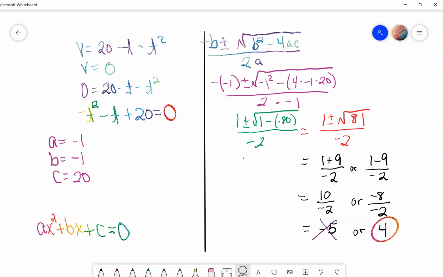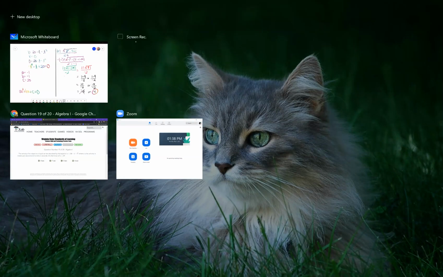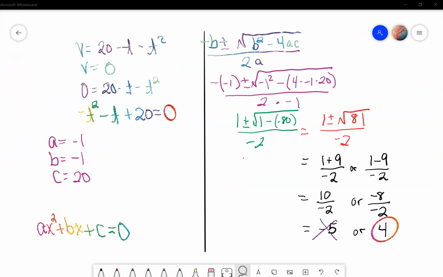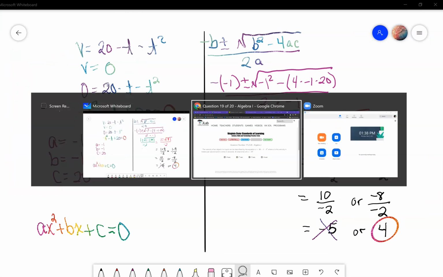And at this point, I break it down into 1 plus 9 over -2, or 1 minus 9 over -2. That gives us 10 over -2, or -8 over -2, which further simplifies down to -5 or 4. Since we are talking about time and speed, oh, sorry, wrong button.